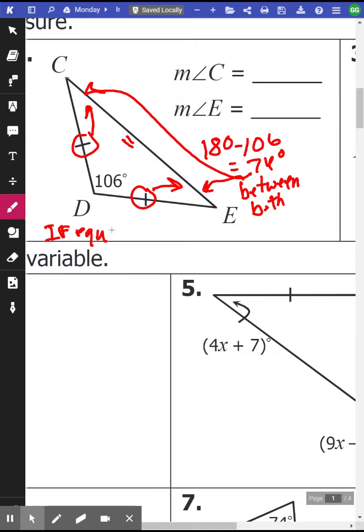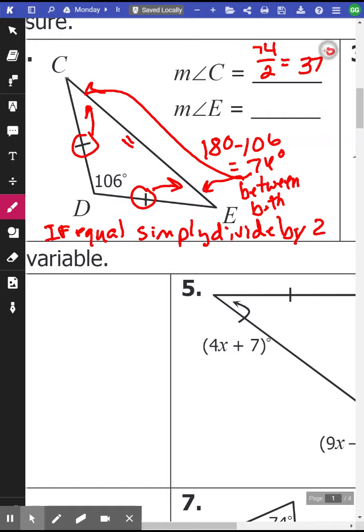If equal, simply divide by 2. 74 divided by 2 is equal to 37 degrees.